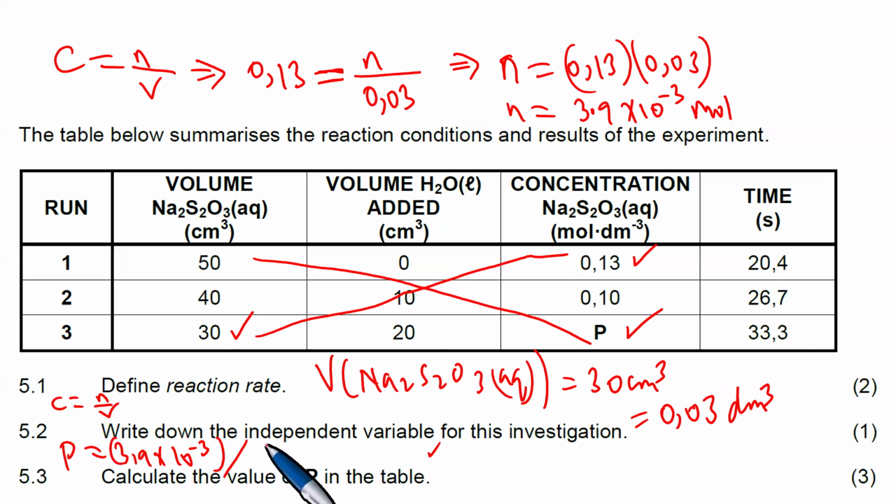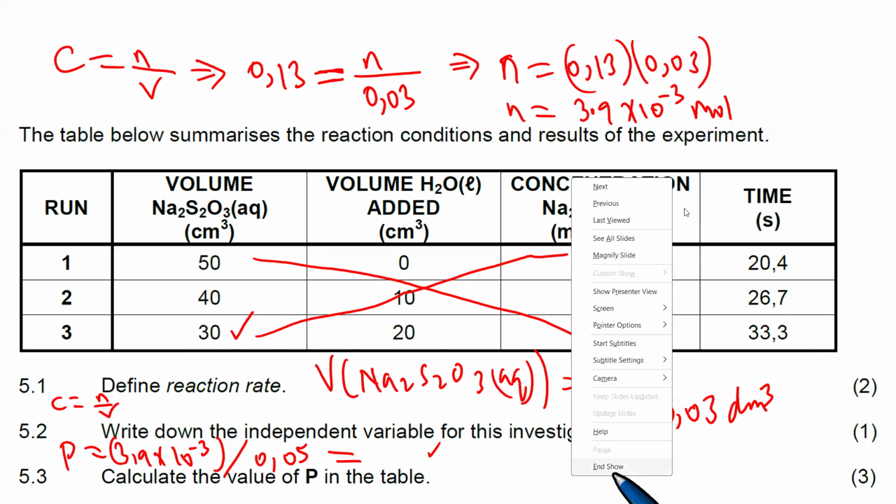What exactly is the volume? If you're at P, then use this volume: you divide by 1,000 and you get 0.05. Let's use a calculator quickly.